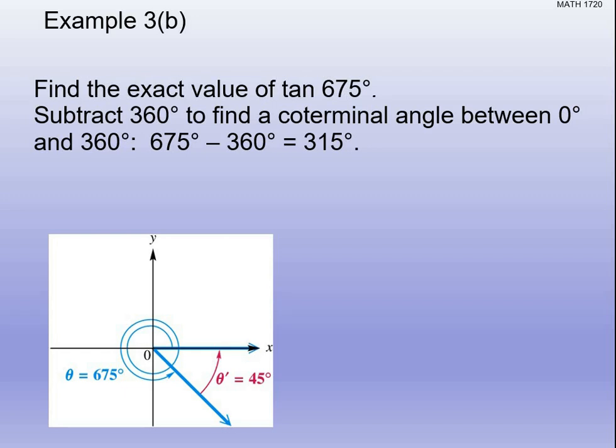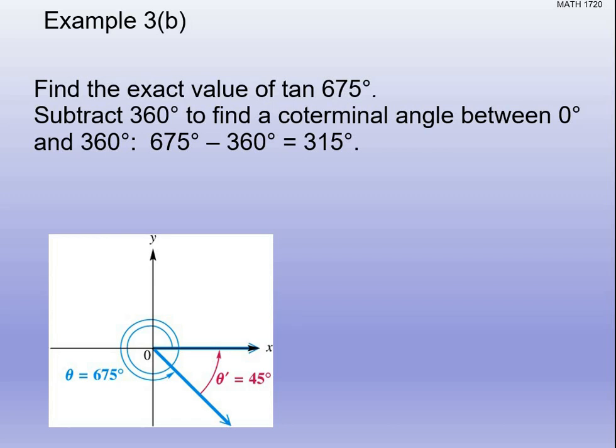When you draw this out, notice we've drawn it around twice. Start at the x-axis, rotate all the way around 360 degrees, and keep coming till you get to 675. Well, if we went around twice, it would be 720 degrees. So you're going to take 720 minus 675, not divided.